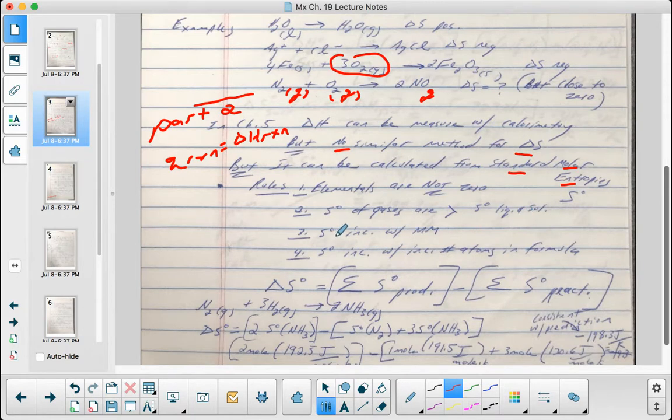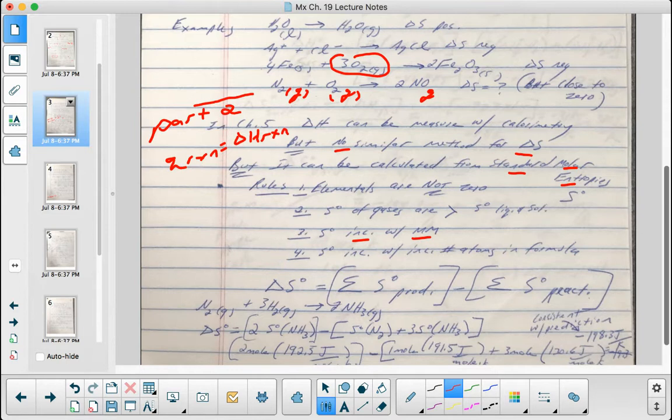Your standard S values, again, S is your entropy, increase with molar mass, and your standard entropy also increases with increased number of atoms in the formula. So those are just some handy rules to know when you're making a judgment about the delta S's.